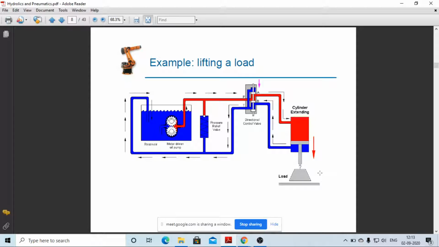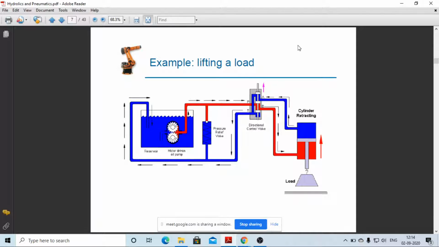You have to draw a simple diagram: one rectangular box, and you can simply write down P, T, A, B, and you can make these two lines as pipes. You can make a cylinder and piston type of device. So in a simple way, you can make the block diagram of this hydraulic system.